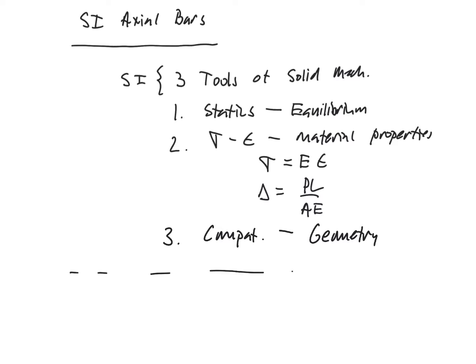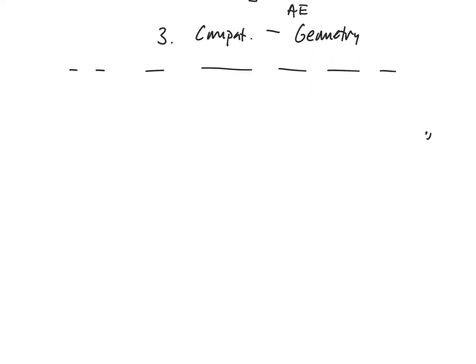Now, for the axial bar, which is, of course, our problem, the other good news is that there is a quantified number that you can commit to memory. So there are going to be three types of statically indeterminate axially loaded bar problems. The first one is the fixed. So it's going to have something that looks like this. There's going to be a fixed support.